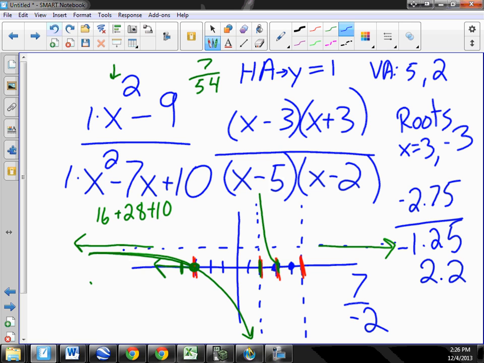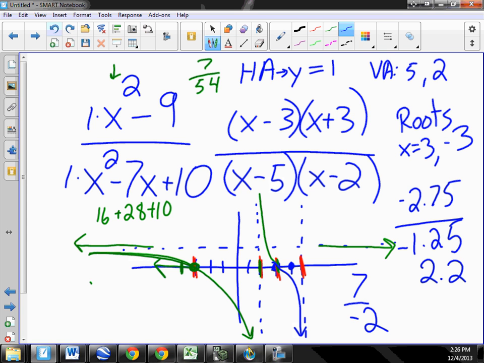So 7 over -2 is less than 1, so it's below the horizontal asymptote, so it looks like this. Okay? Which, that one we did know because it was a single root, so it had to pass through. If we know that it's up on one side, it would be down on the other side.